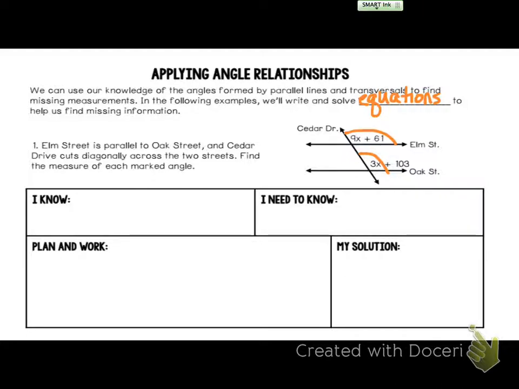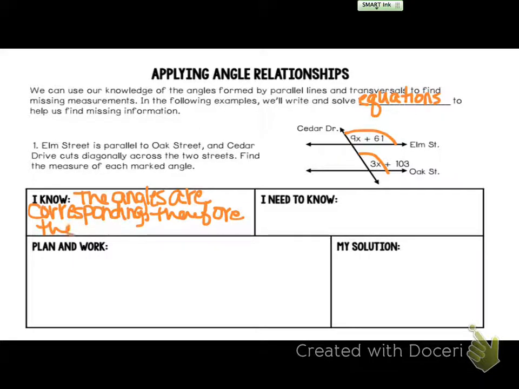Okay? So what I know is the angles are corresponding. So if I'm writing this down, you should be writing this down on your paper. The angles are corresponding, therefore the angles are congruent.